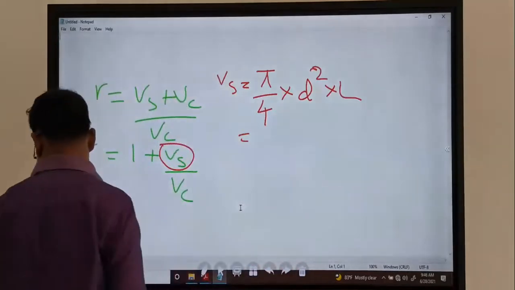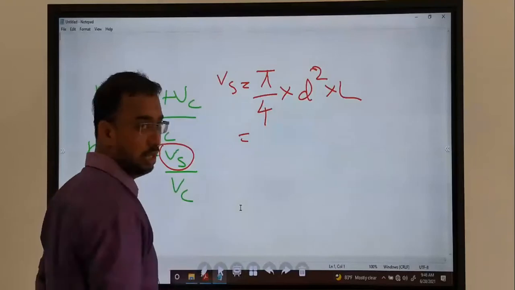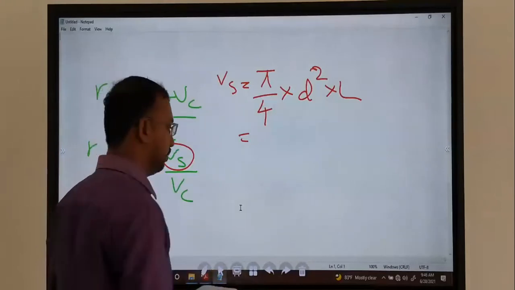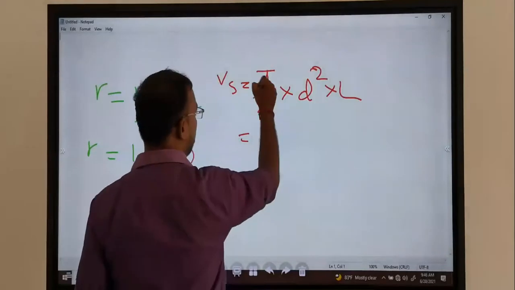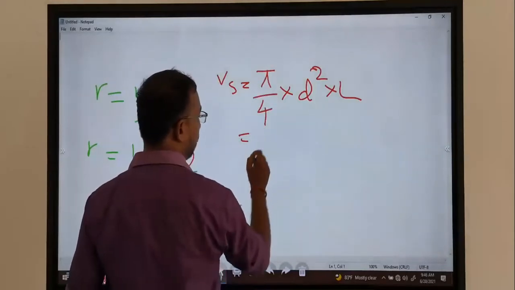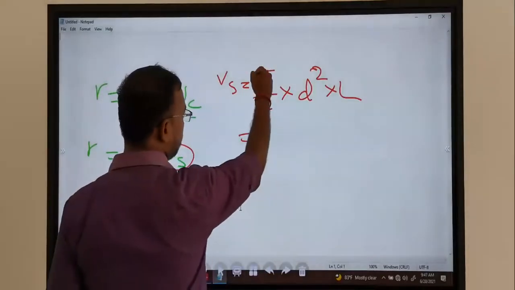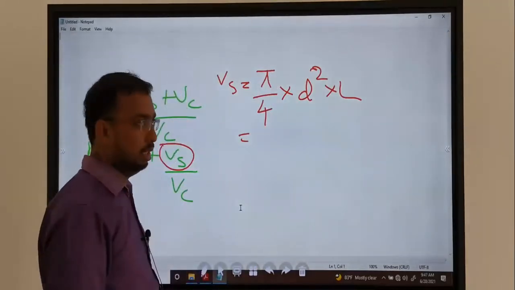Here we have to use centimeter; I will explain finally why we use centimeter. So here we converted to centimeter. The pi we know is 22 by 7 or 3.14, but here I use the scientific calculator, so I can directly type the pi.